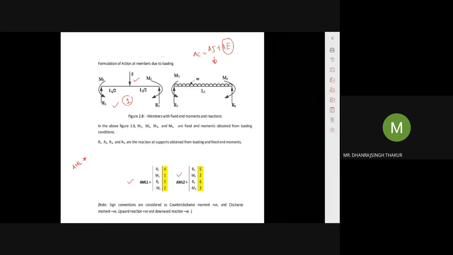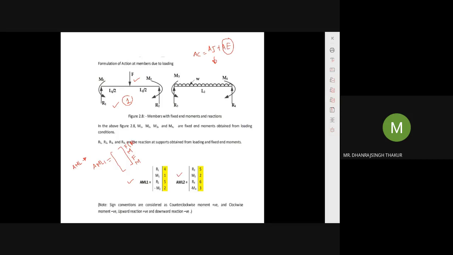Again here, AML1 matrix. So how to assemble this matrix? To assemble it, you have to refer to member 1. First you have to write down the value of force, then moment, force and then moment. Force is nothing but reaction.